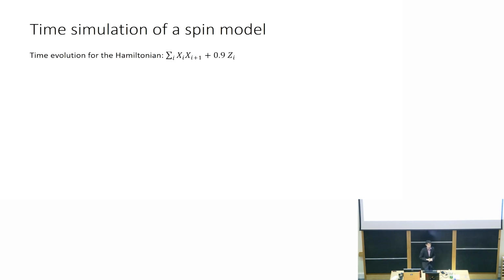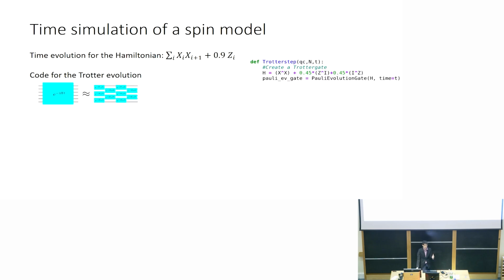I use a very simple toy model, but it's straightforward to use something more complex. In fact, this case is so simple that you can solve it exactly by hand. So you have basically an interaction between 2 qubits by some XX interaction, and you have some additional magnetic field. And when you want to code the Trotter evolution, what you have to do is you basically create a Trotter gate.